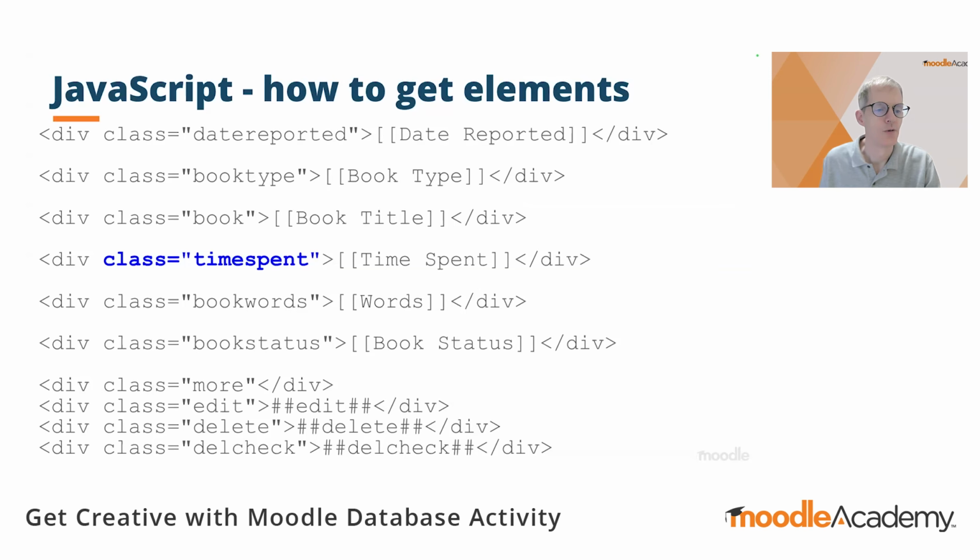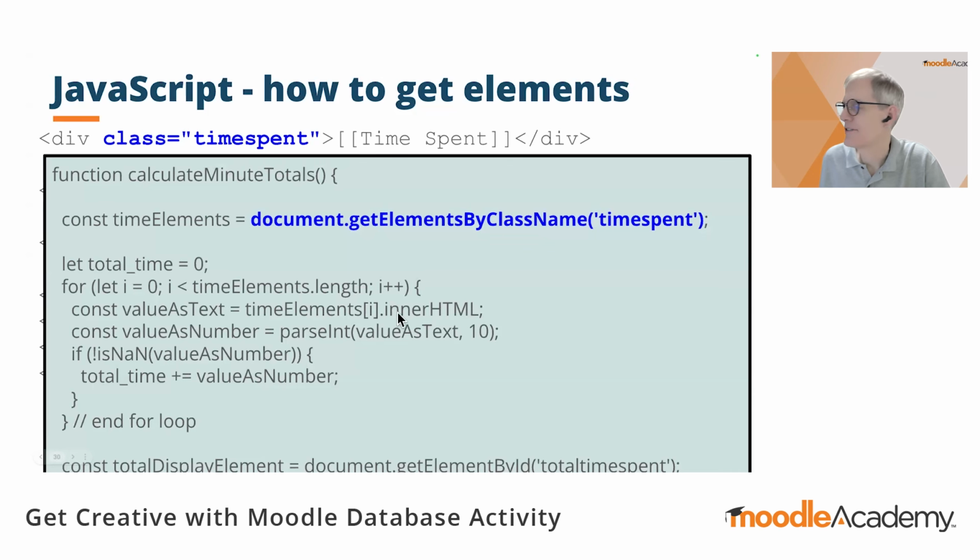So when the list view displays, the minutes that the student entered is going to appear in that div tag with the class time spent. So there'll be like 10 minutes or 15 minutes or whatever they spent.